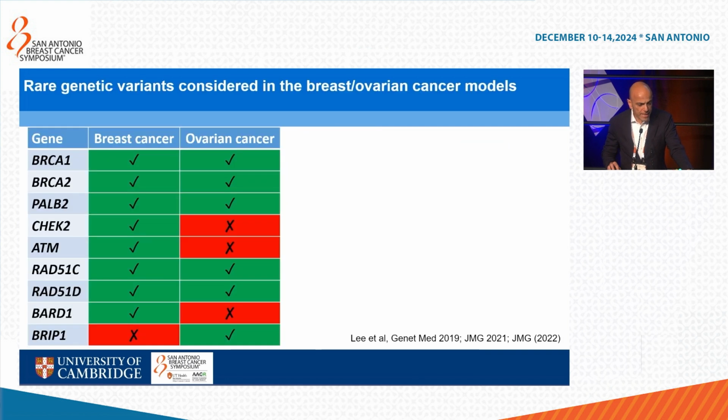So looking at each of these in turn, this table summarizes the list of genes in which pathogenic variants are associated with breast and ovarian cancer in the model. So you can see we have 8 genes in the case of breast cancer, 6 in the case of ovarian cancer. There's a large overlap between the two, which is one of the reasons that we model both diseases together.